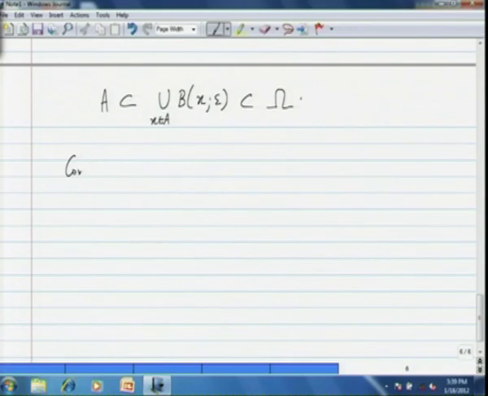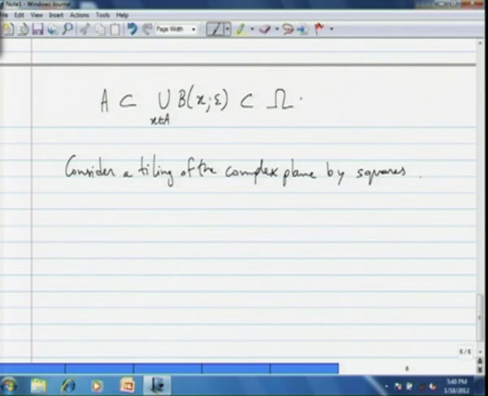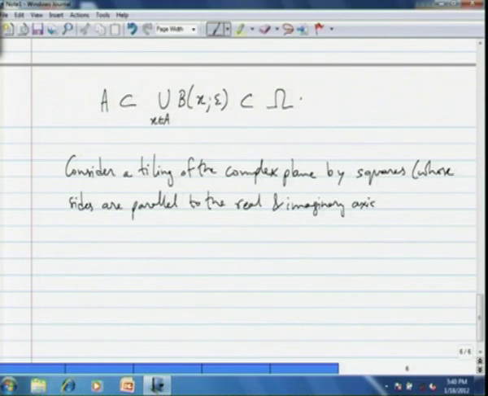So, consider a tiling of the complex plane by squares whose sides are parallel to the coordinate axis, or the real and imaginary axis, of side s.